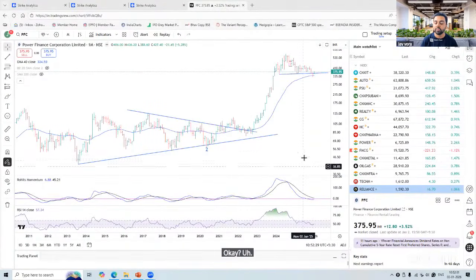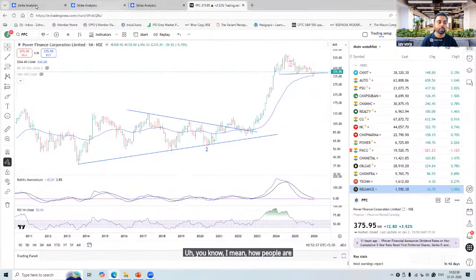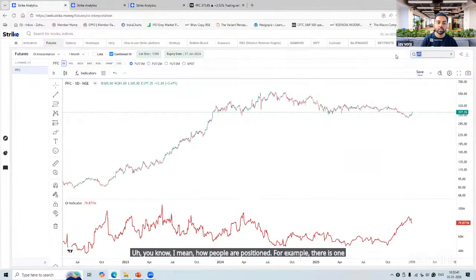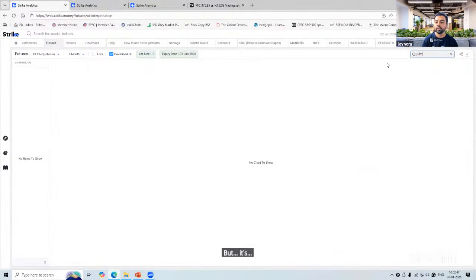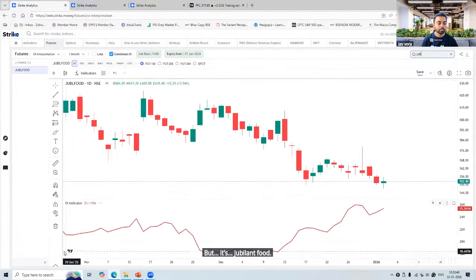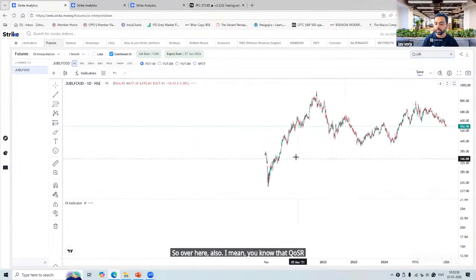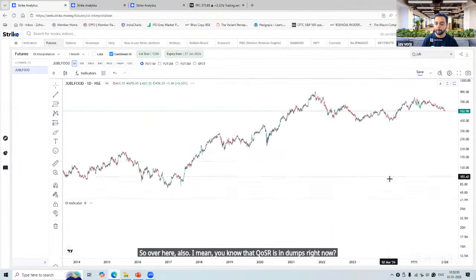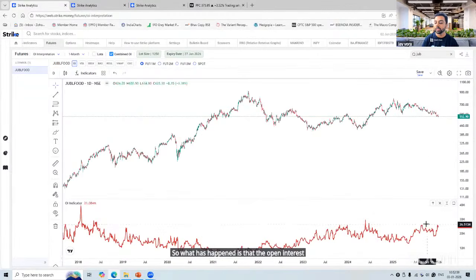That will kind of help you to understand how people are positioned. For example, there is one stock, honestly, on my radar, and I'm not too sure about that, but it's Jubilant Food. So over here also, you know that QSR is in the dumps right now. So what has happened is that the open interest is around the higher levels.